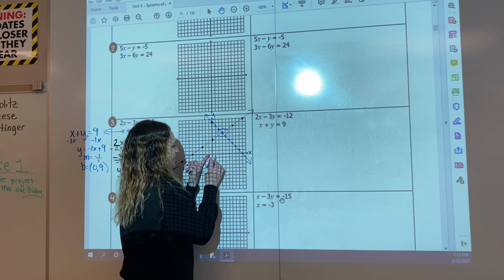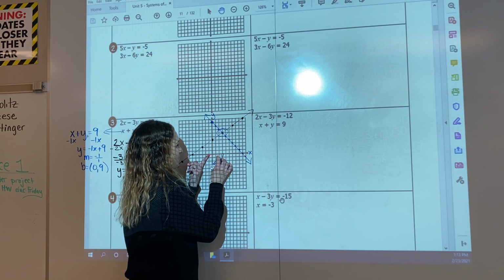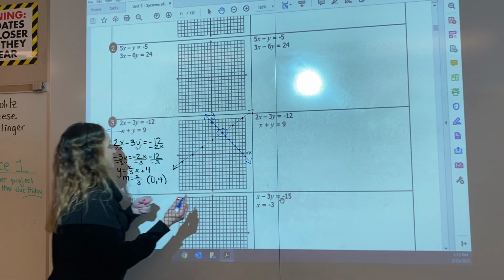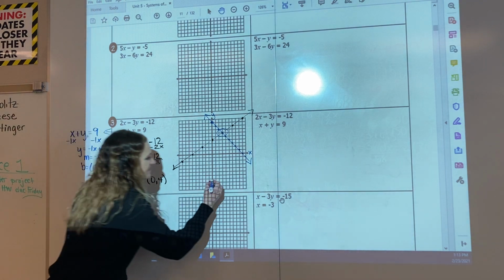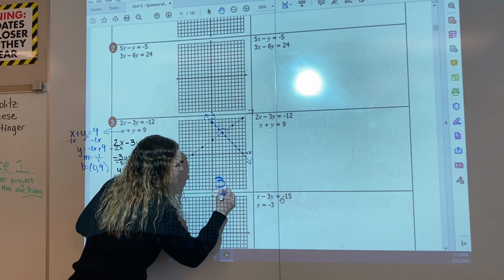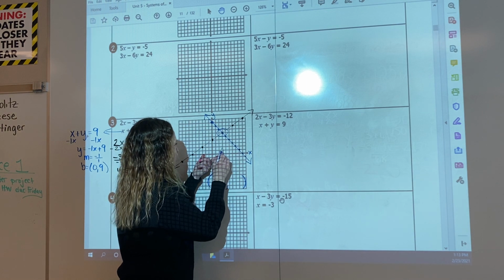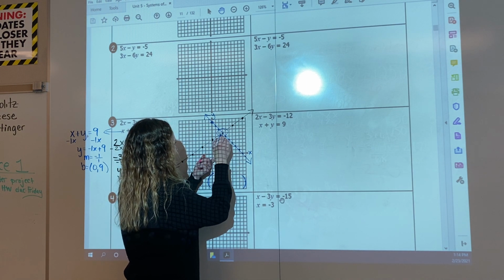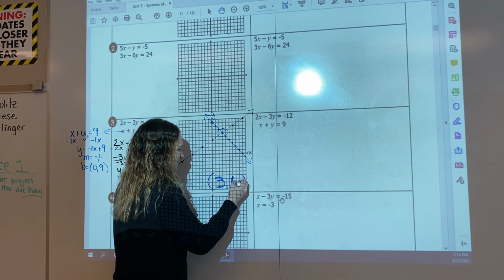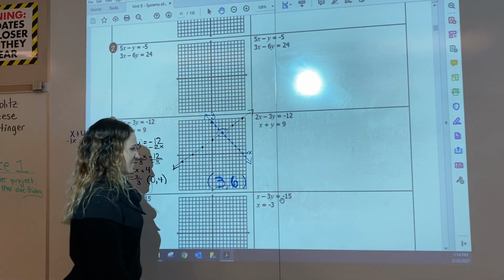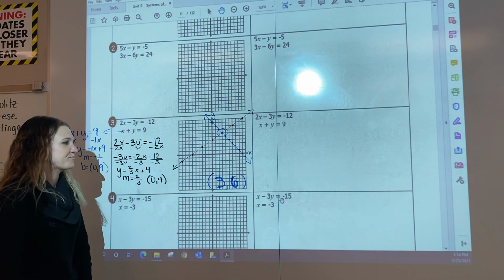So I'm going to count to the right first. 1, 2, 3. So we have positive 3. I'll write that right here. Then let's go up. 1, 2, 3, 4, 5, 6. Positive 6 is the y. All right, there's our solution.